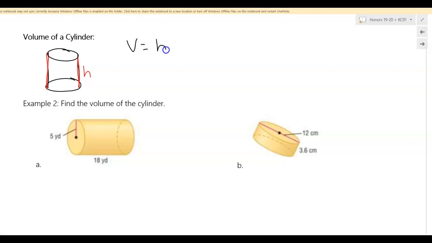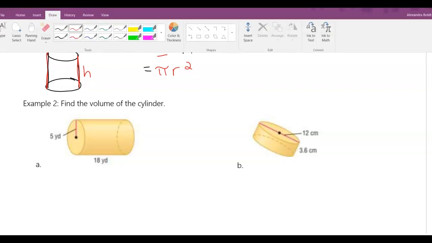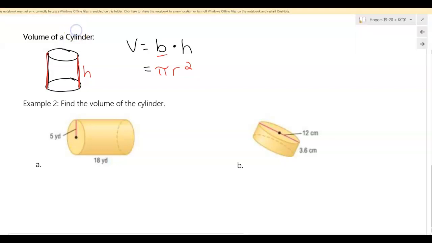Volume equals your base times your height. But now, since my base is a circle, that base is pi r squared, then times height.